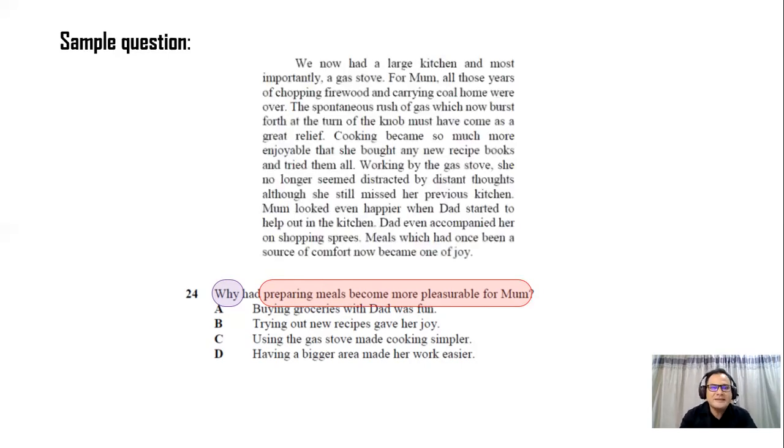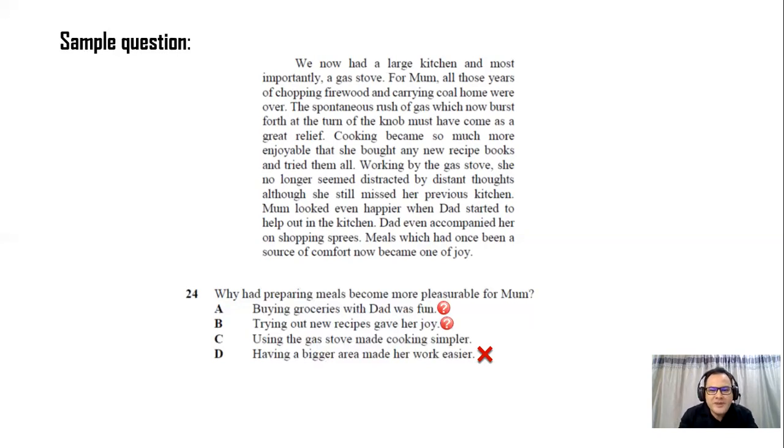Again, this information can be found in the same paragraph. So we can eliminate option D, having a bigger area made her work easier.